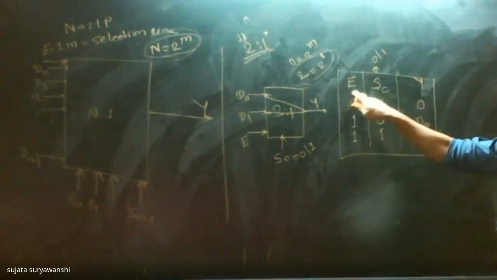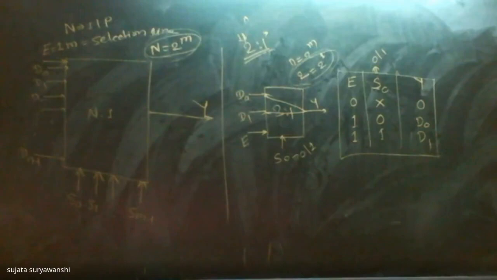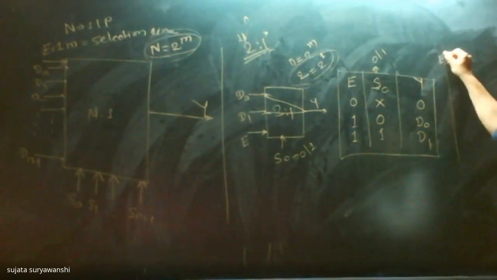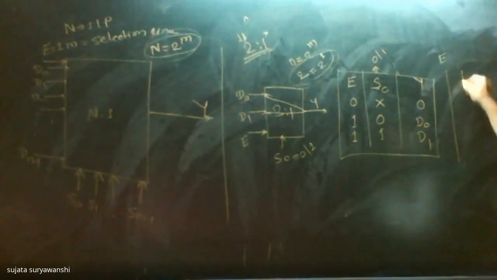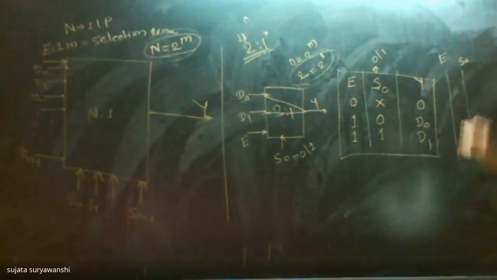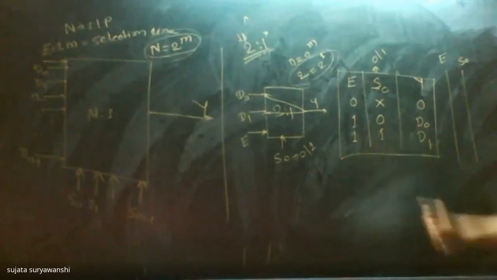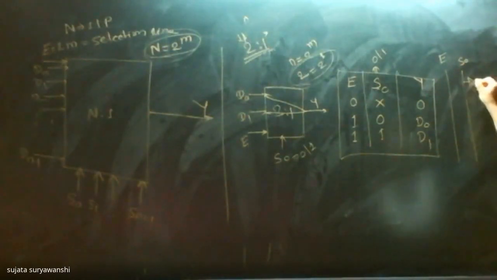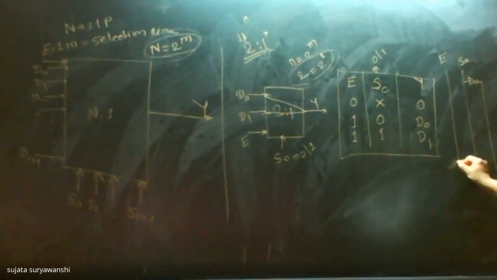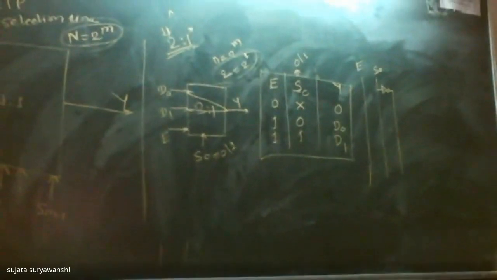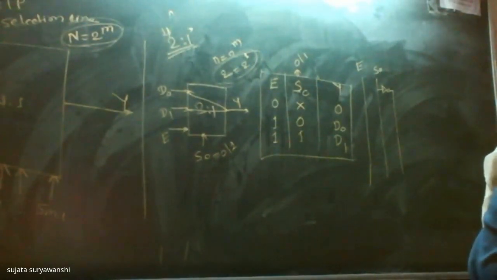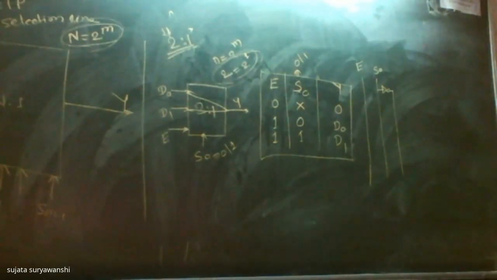Number of inputs are E and S. Okay. So take one line from E and take another line for S0. S0 can be 0, can be 1. Means we can use a NOT gate here for S. Okay.